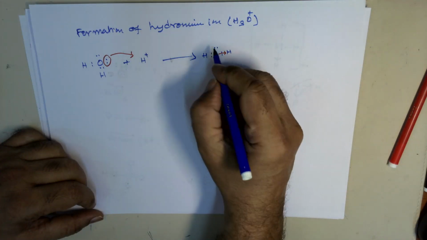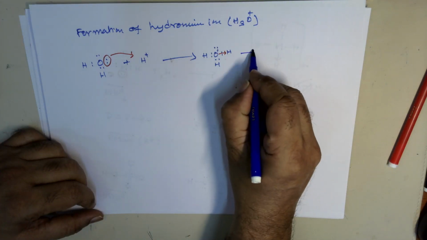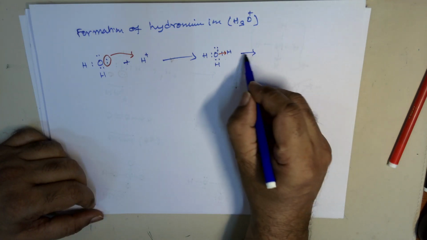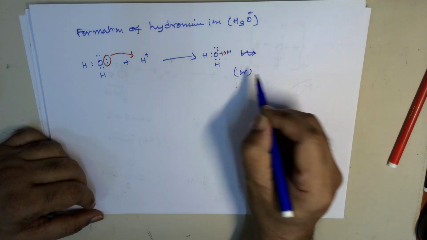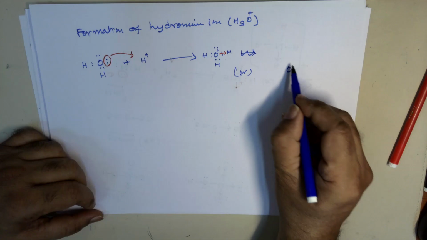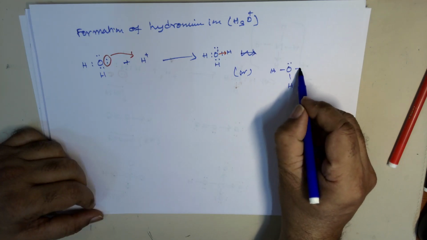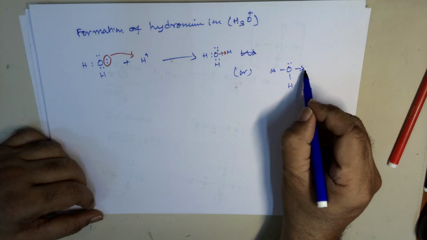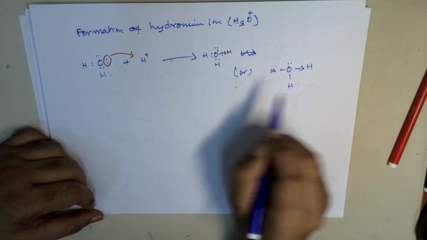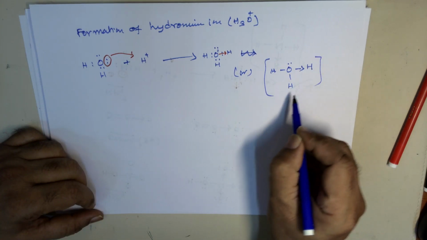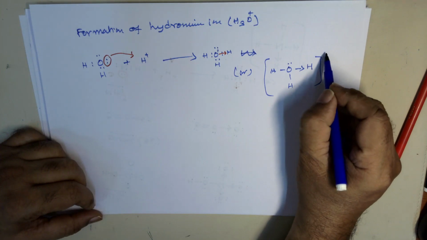So it becomes plus here. So you can call it hydronium ion. That is O, H, H bond. Okay, coordinate bond H. Remember. So the resultant is hydronium ion.